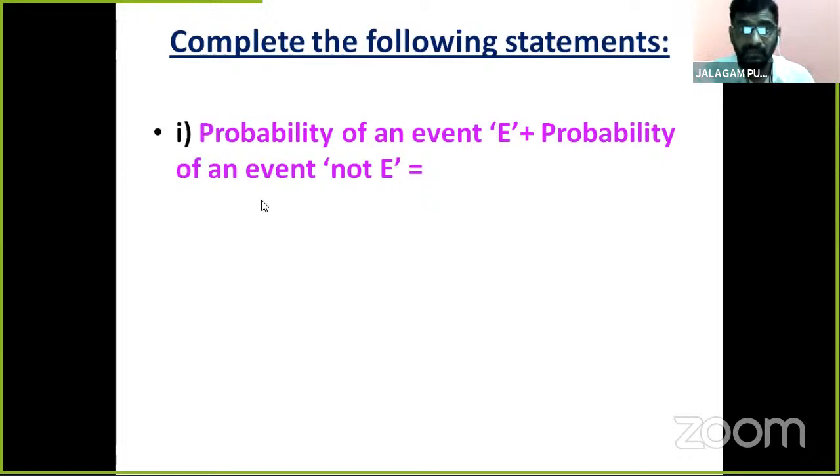Number 1: probability of an event E plus probability of an event not E is equal to what? Already we just discussed. P of E plus P of not E. Yes, that's correct, it is 1.